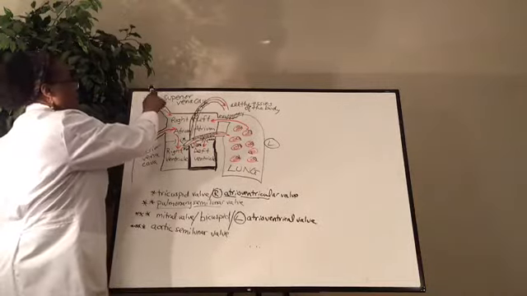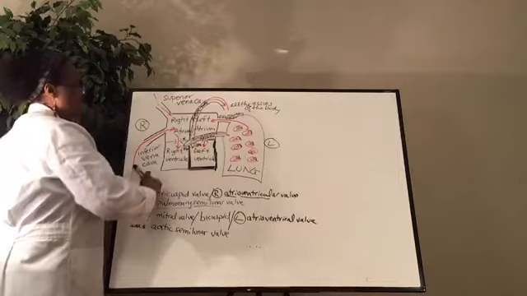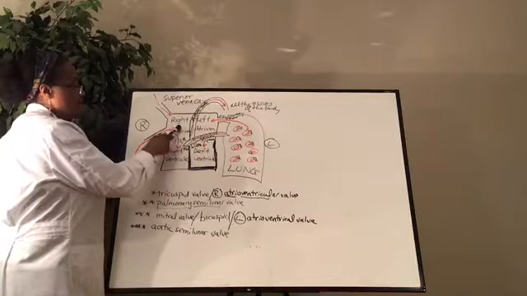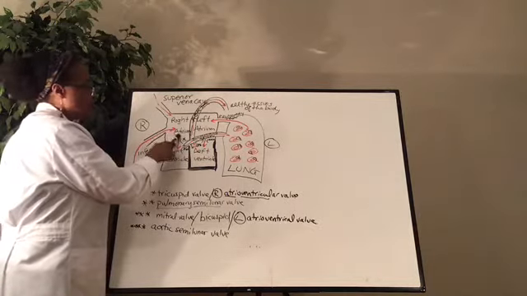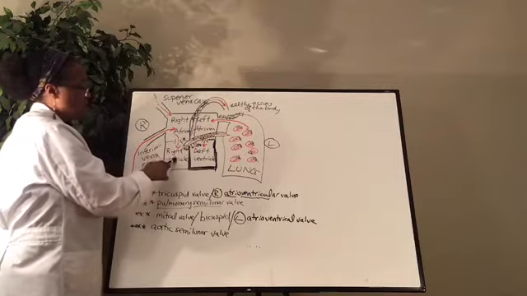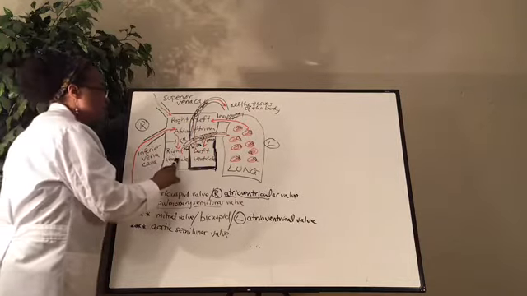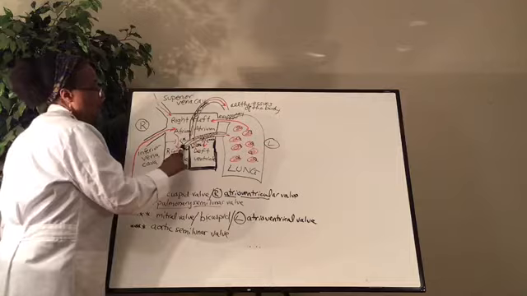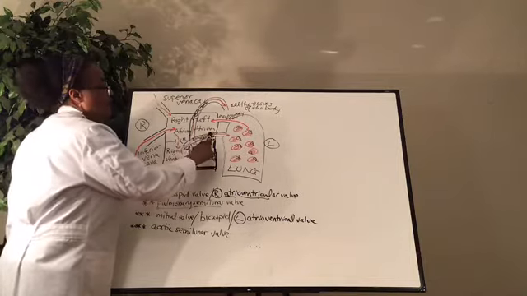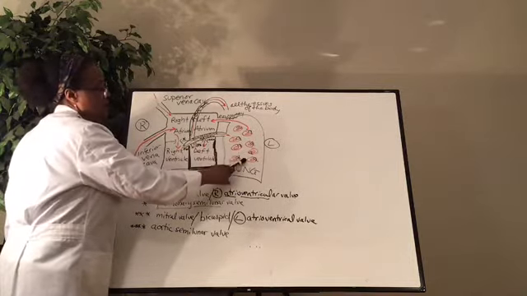Blood is going to drain from the superior vena cava and the inferior vena cava into the right atrium. From the right atrium, blood is going to go through the tricuspid valve into the right ventricle. Right ventricle is going to push blood through the pulmonary semilunar valve into the pulmonary artery to the lungs.